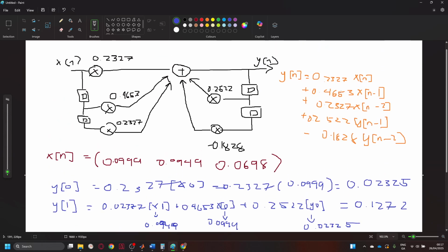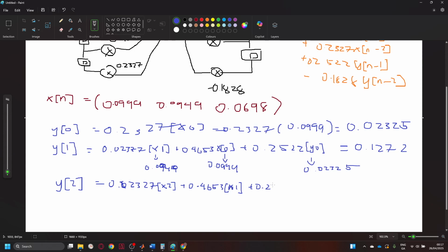Then plus, now this kicks in, 0.2327 x of 0, plus 0.2522 y of 1, then minus 0.1828 multiplied by y of 0.